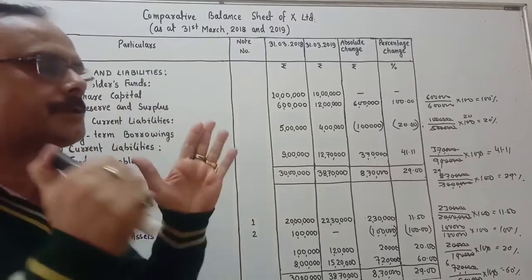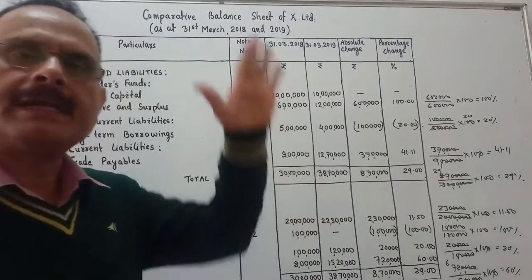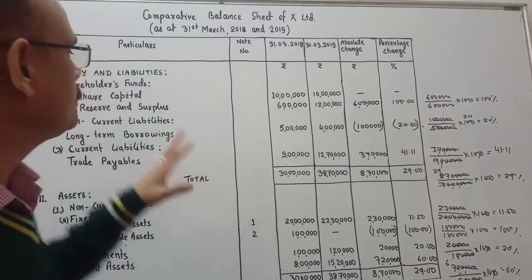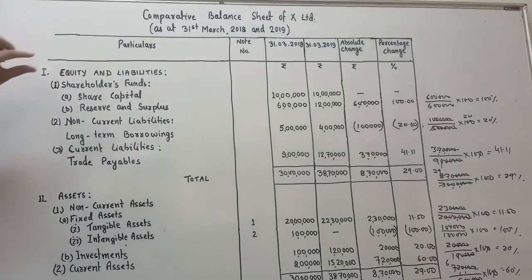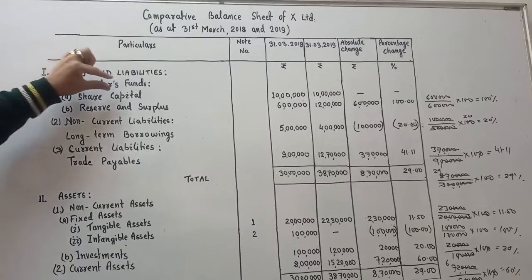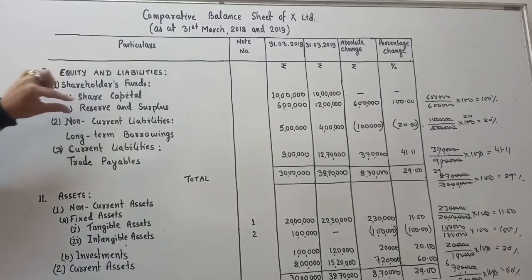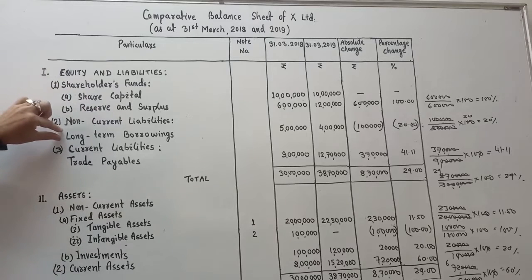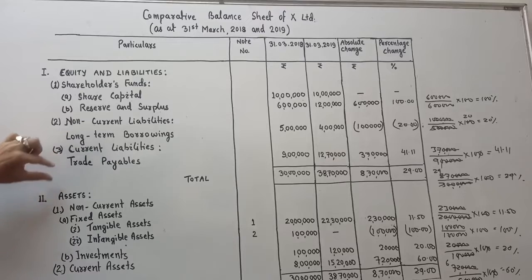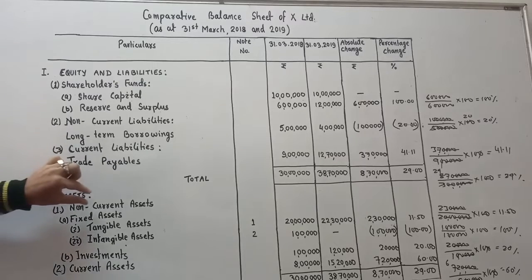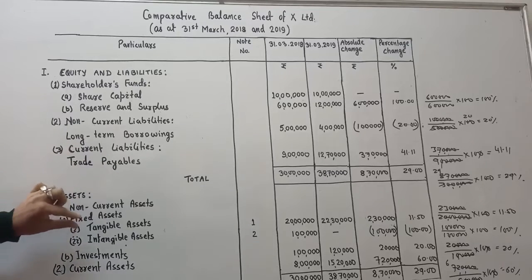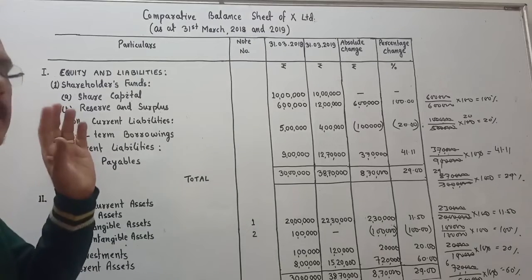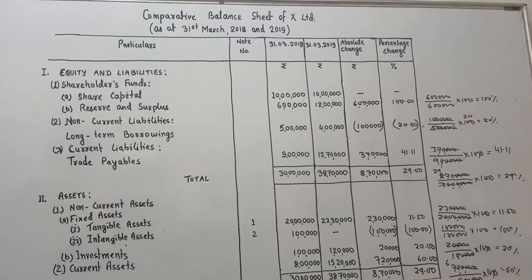If the balance sheet is not given in an arranged manner, first arrange in sequence: equity and liabilities, shareholders' funds, share capital, reserves and surplus, non-current liabilities. Under current liabilities, trade payables is given. Under assets, non-current assets, fixed assets, tangible and intangible assets, land and building and plant and machinery.